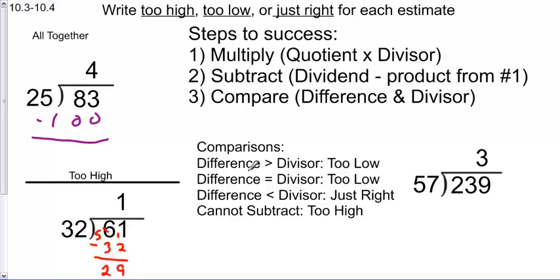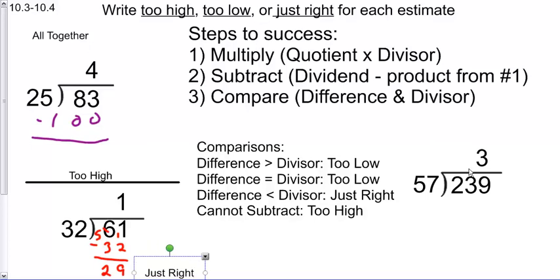Then I go back to my handy dandy guide. 29 is my difference. My difference is greater than my divisor? 29 is not greater than 32. 29 is not equal to 32, but 29 is less than 32, so that means this is just right.